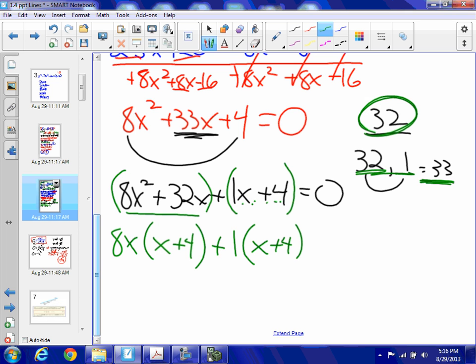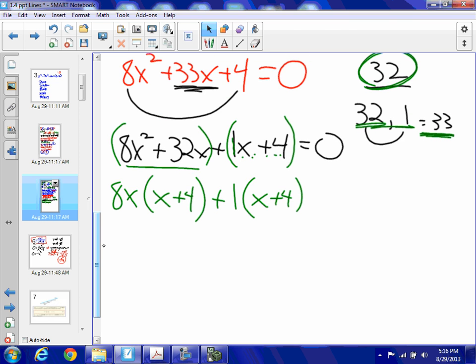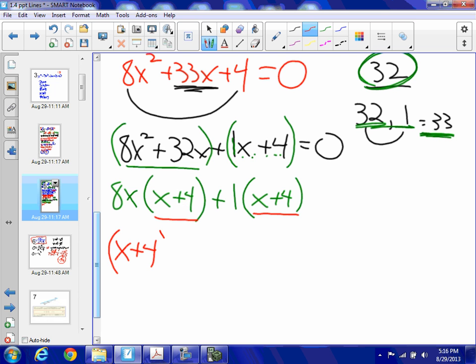Really didn't need this one right here, but it's there. Well, I can pull my x plus 4 out of both of these terms here and end up with x plus 4 times 8x plus 1. That's pretty nifty.